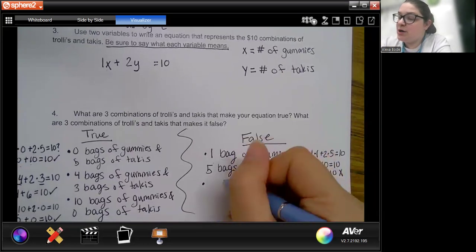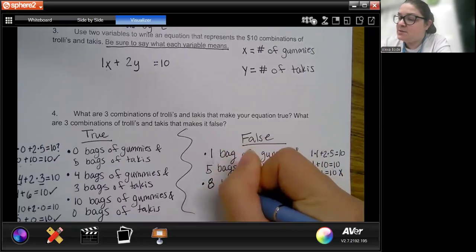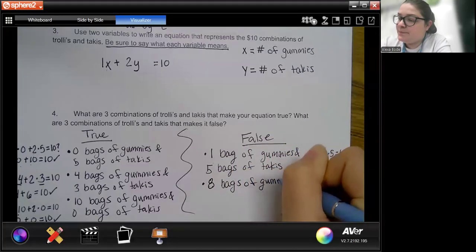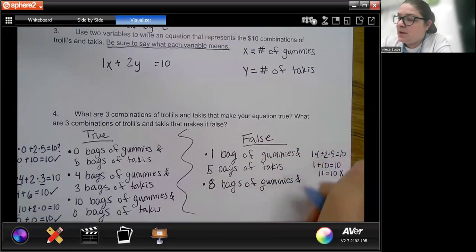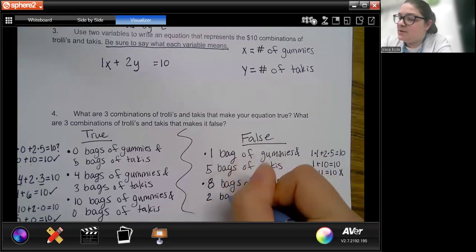But we could also try 8 bags of gummies and 2 bags of Takis.